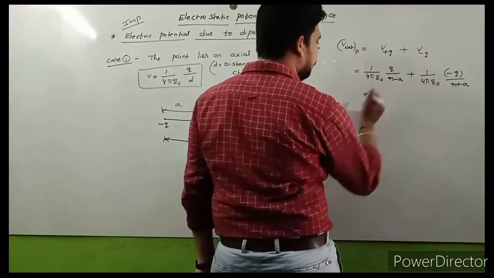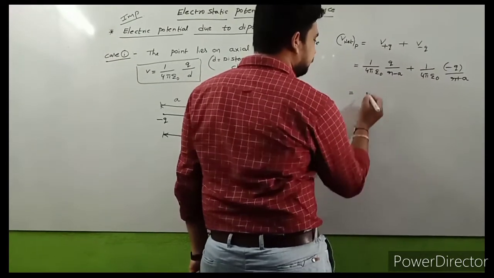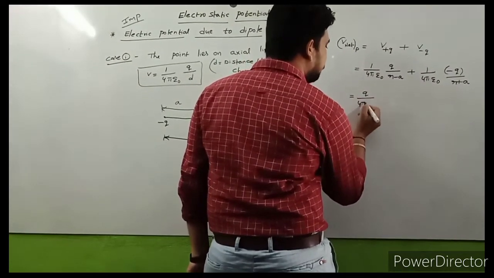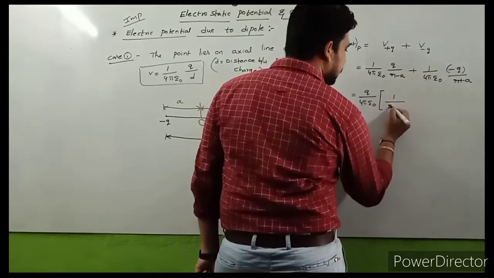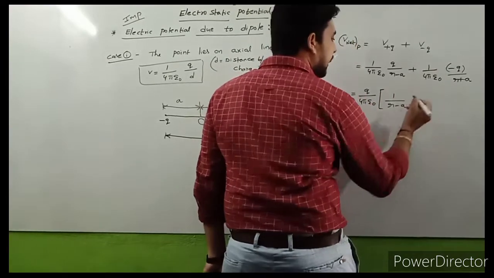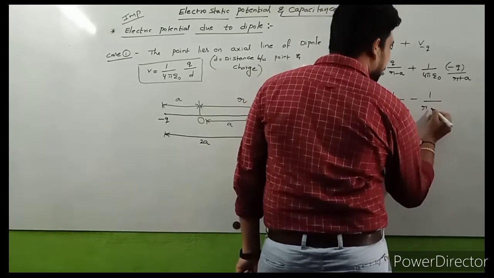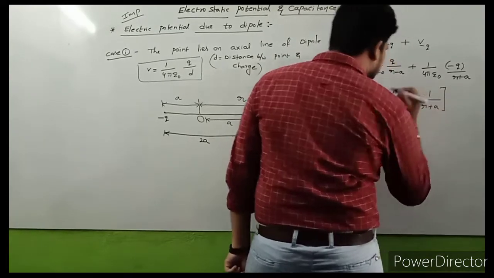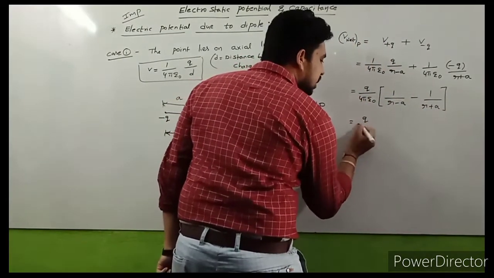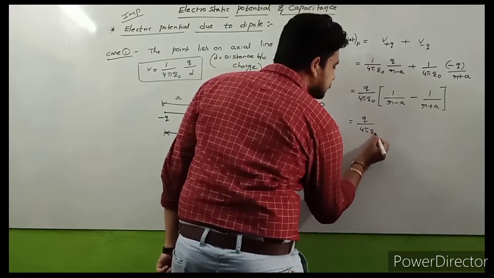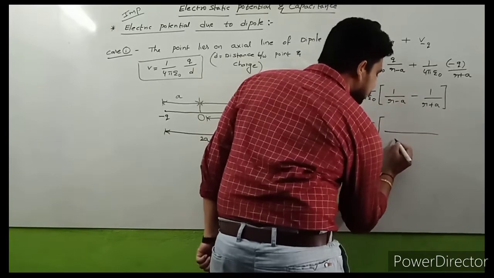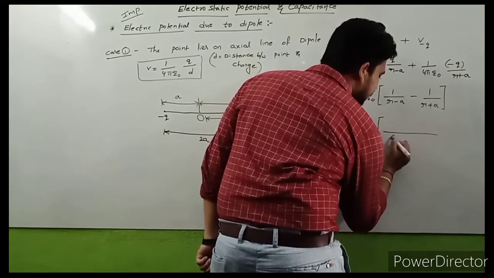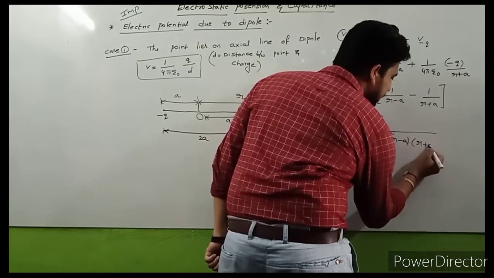From this, observe carefully. What is the common thing here? Q by 4 pi epsilon naught is common. Then 1 by R minus a minus 1 by R plus a. Q by 4 pi epsilon naught into, with the denominator R minus a into R plus a.